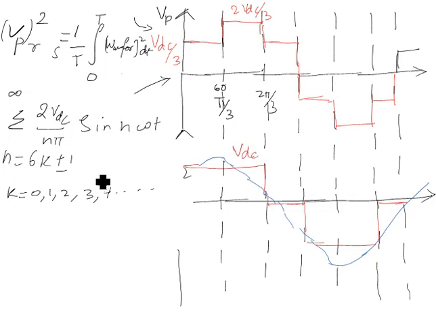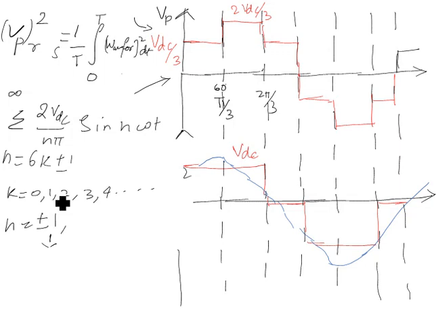So whatever value we put here, k will vary. But what about n? If you put 0 here, 6 times 0, it will be plus minus 1, right? So that is the fundamental.